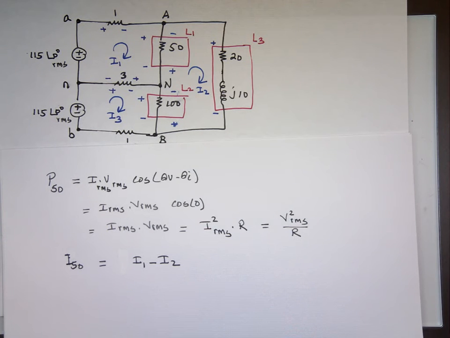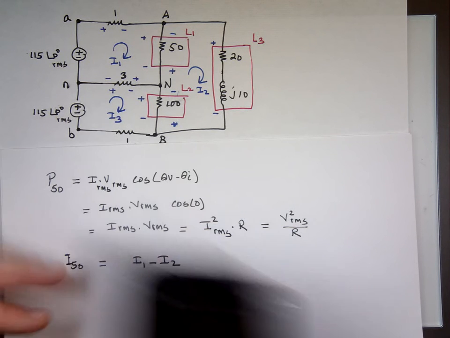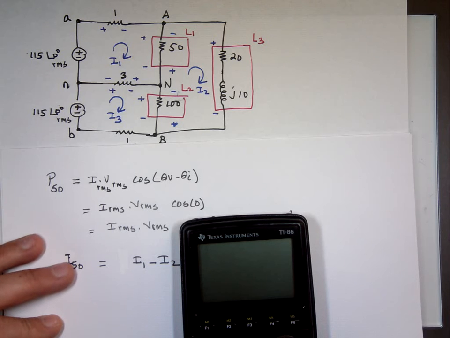Where was I sub 1? Here we go. 11.24 angle negative 19.8 minus, and what was I sub 2? 9.39 angle negative 24.5.